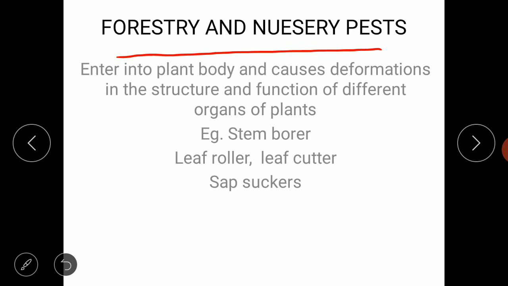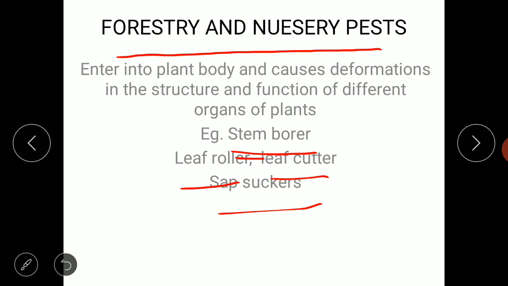We call them according to their nature of damage. For example, the stem borer, leaf roller, leaf cutter, and the sap sucker. So these are four different examples which cause damage to the plants present either in the forestry or in the nursery.